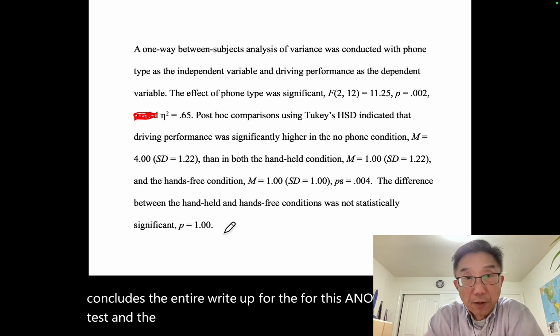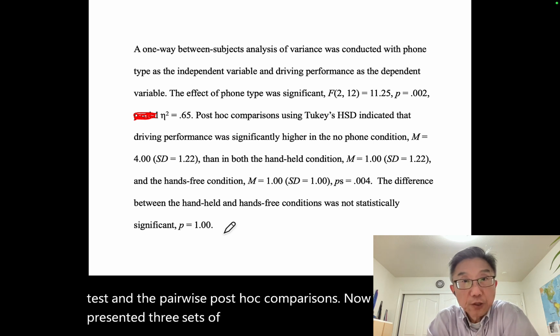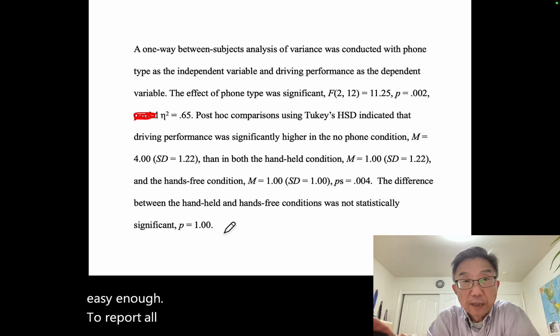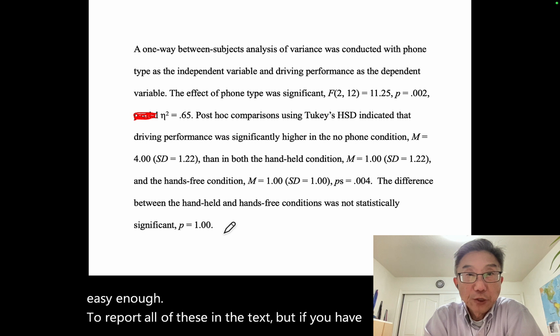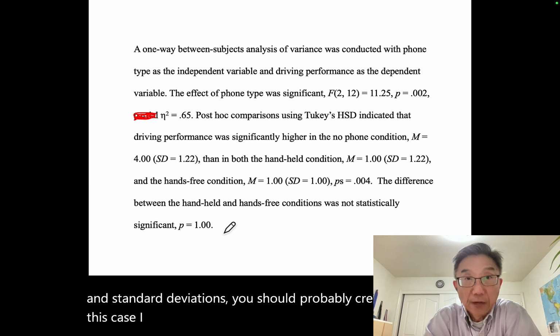post hoc comparisons. Now, here we only presented 3 sets of mean and standard deviation, so it's still easy enough to report all of these in the text. But if you have more means and standard deviations, you should probably create a table. So in this case, I think you don't have to use a table.